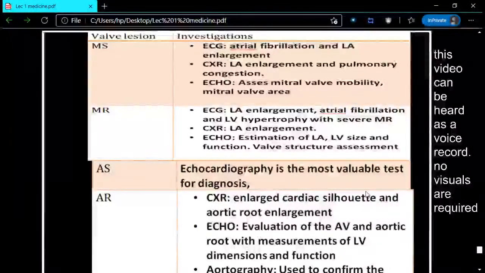MR is the one with backflow from the left ventricle. ECG, echo, CXR.